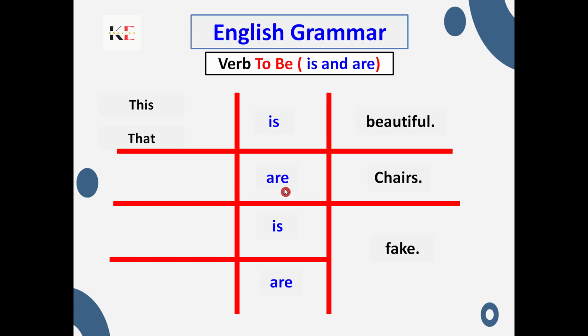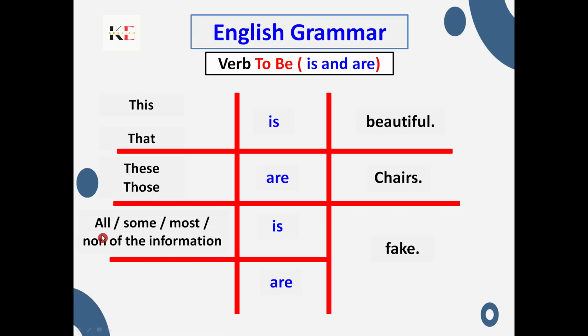And we use are with these: these are chairs, those are chairs. We use is after, for example, all of the information is fake, some of the information is fake, most of the information is fake, none of the information is fake. And we use are after all of the reports are fake, some of the reports are fake, most of the reports are fake, none of the reports are fake.